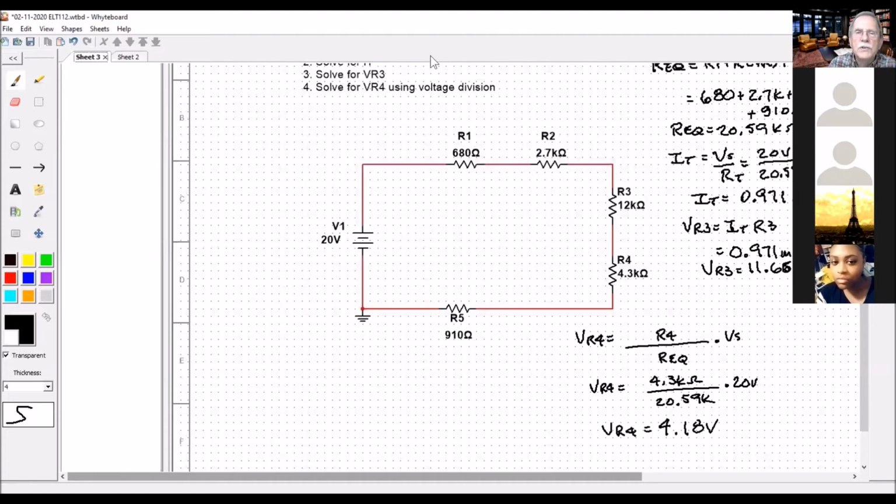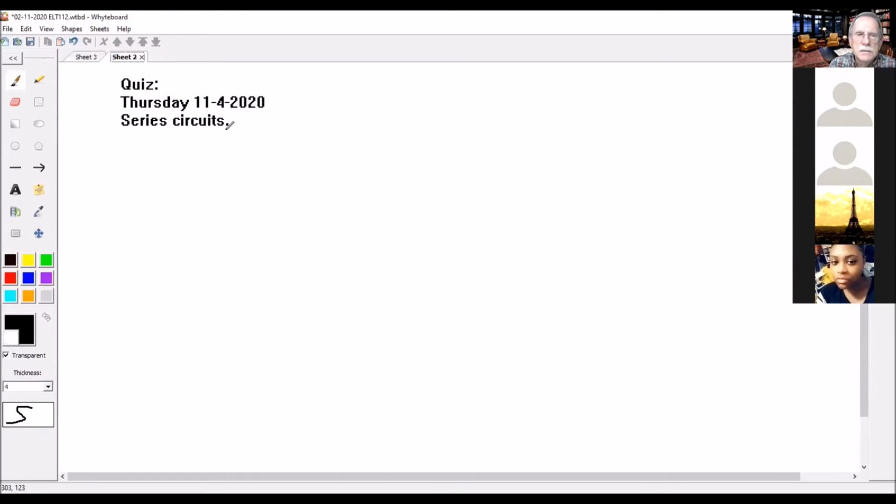Remember, if I just leave it open-ended like I see up here, solve for VR3, if you wanted to do that with voltage division, that would be fine. It would make sense to do it considering you just found IT, but if you hadn't found IT, you could do it any way you want. But if I specify a specific method, you've got to show me that method, because what I'm really saying is show me you understand that method. So on Thursday, there'll be a quiz on series circuits.